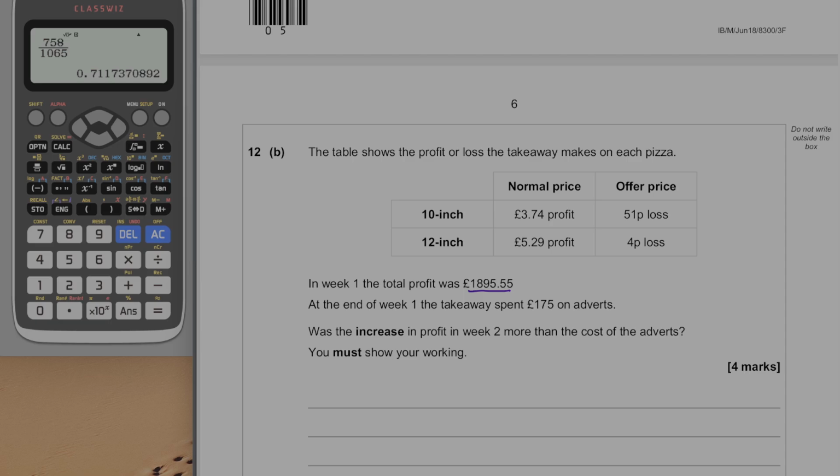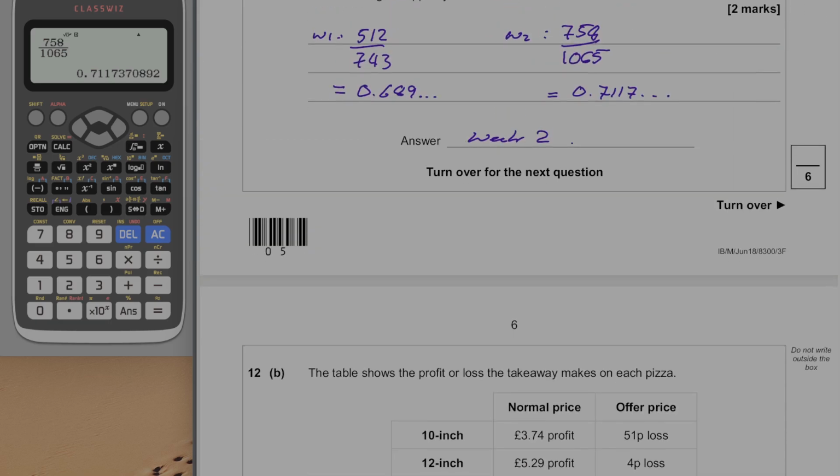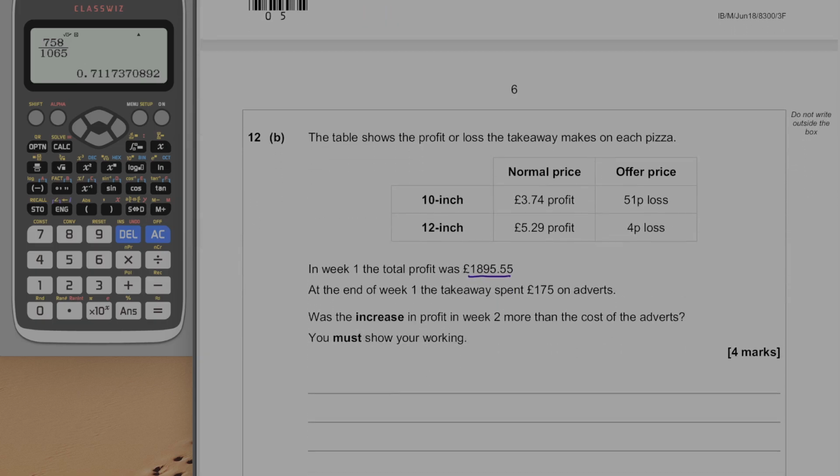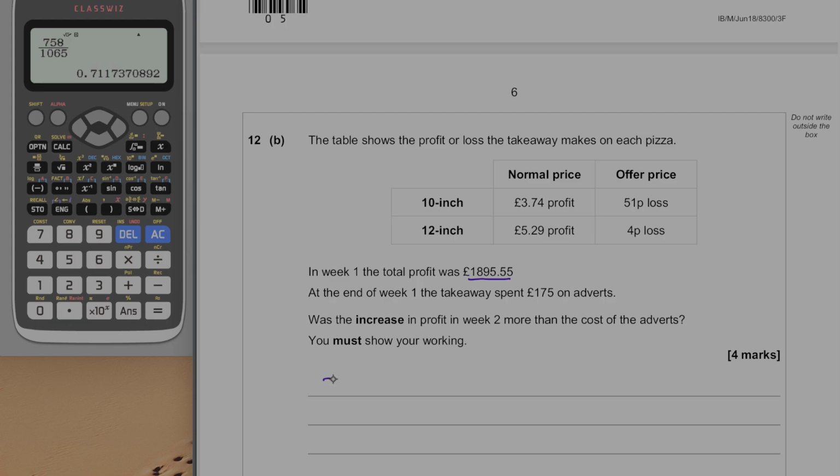Okay, so quite a few sums here. Right, so do it like this. 3.74 times by this number, minus 51 times this number, plus £5.29 times by this number, minus... I've just spotted a mistake that I've made.